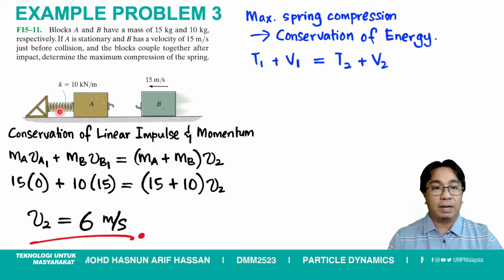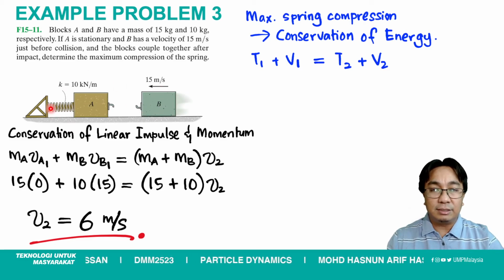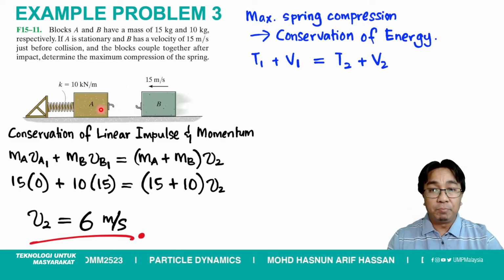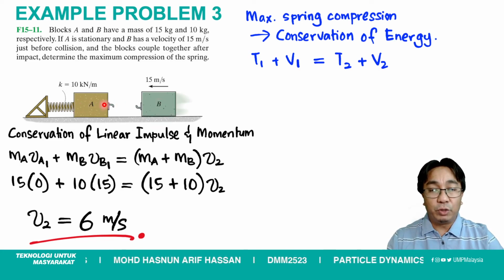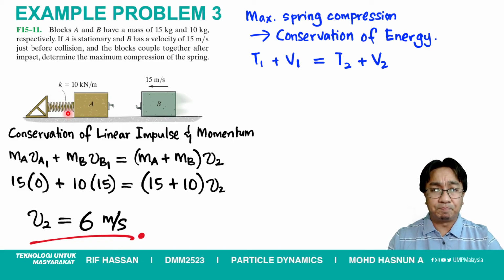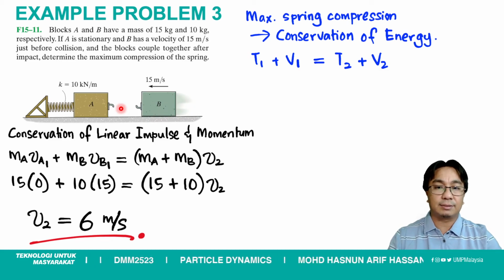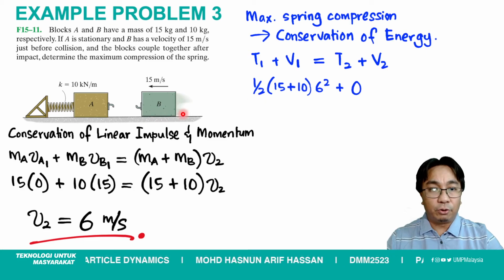Again, T1 plus V1 equals T2 plus V2, and there is no change in height here. Therefore, the gravitational potential energy is equal to 0, but what we have here is the elastic potential energy, which is half k s squared.